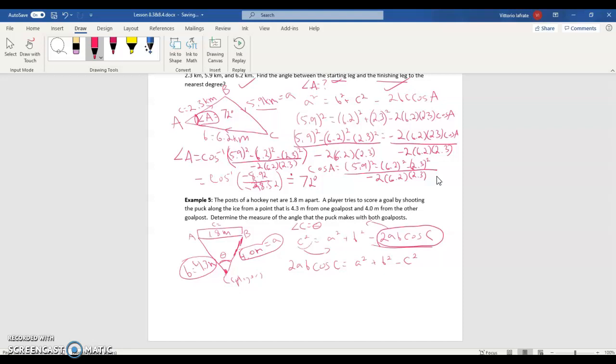And this, I'm bringing that on the other side, so I make it negative. And if I want to get cos C alone, I'm going to do divided by 2AB on both sides. And so I get cos C is equal to A squared plus B squared minus C squared over 2AB.